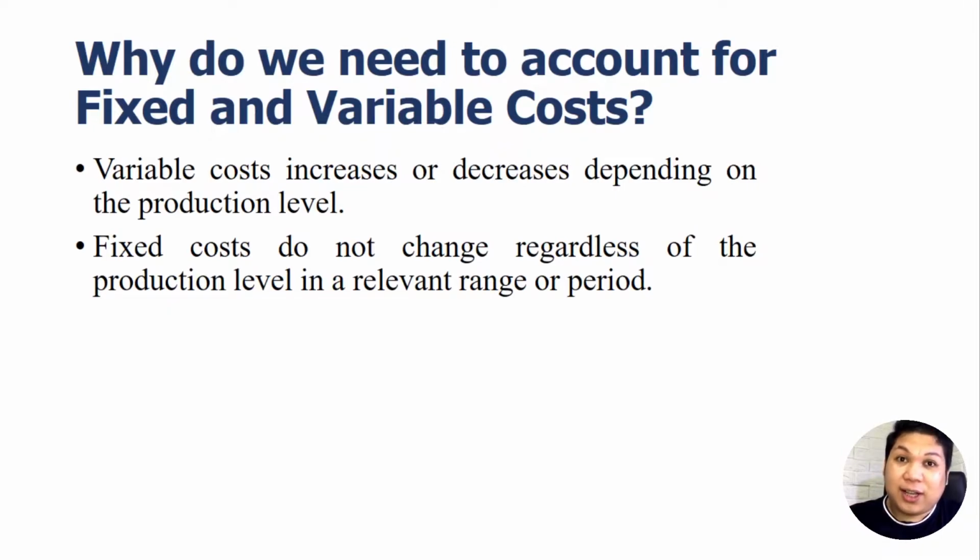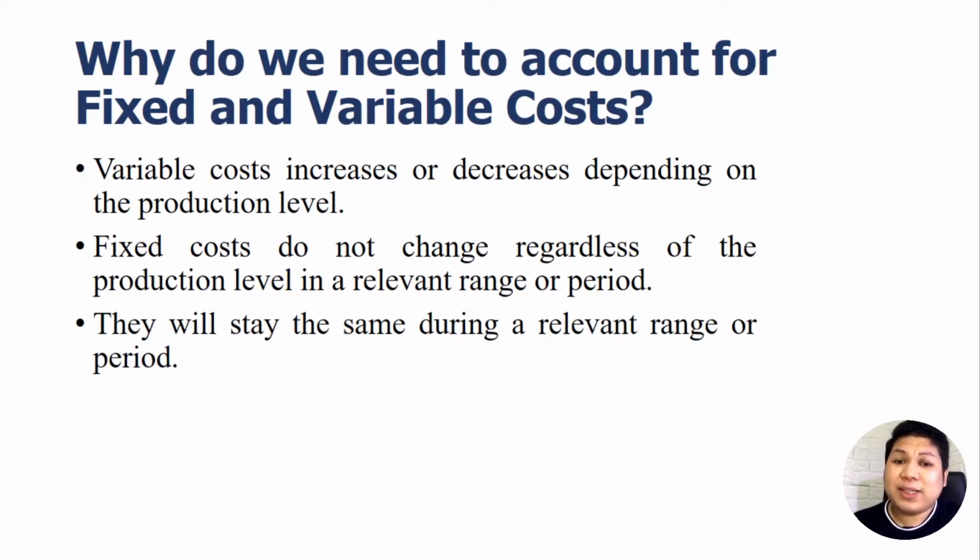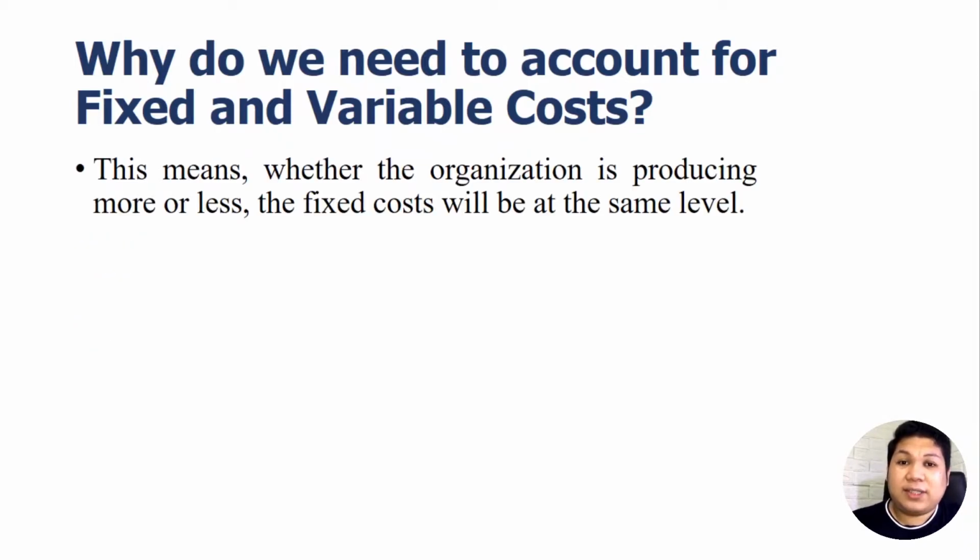And for fixed costs, whether you produce or not, whether there is an increase or decrease in the production, the cost will remain the same because it's fixed. It is fixed for a relevant period. Okay? So that also means that they will stay the same during a relevant period or range. This also implies whether the organization is producing more or less, the fixed cost will be at the same level.